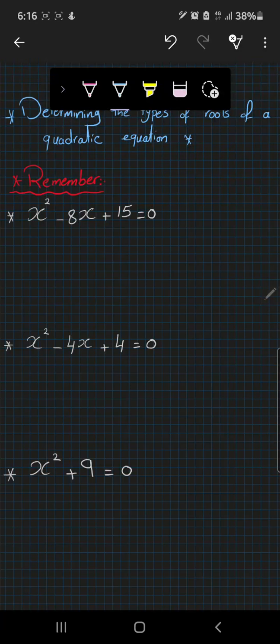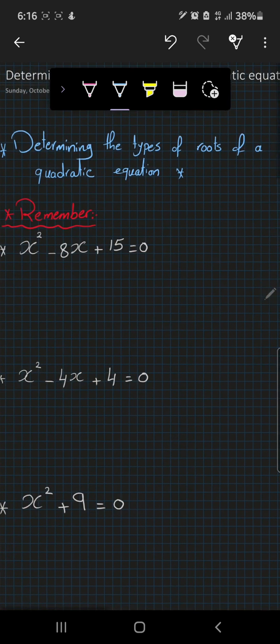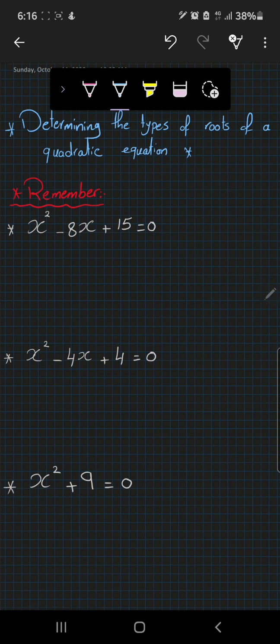Hello everyone. Our lesson today is determining the types of roots of a quadratic equation. Remember how to factorize x² − 8x + 15 = 0. First, open two brackets. The square root of x² is x.